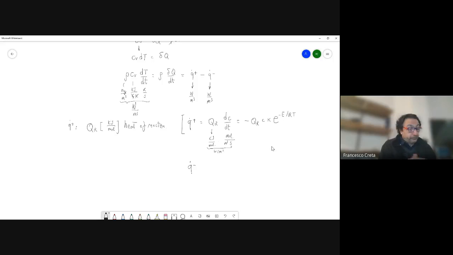So we can use an expression which you may be familiar with, which is an expression for a convective heat flux. So you have some kind of constant h. Let's multiply here by the area and by the volume, and then a difference in temperature.